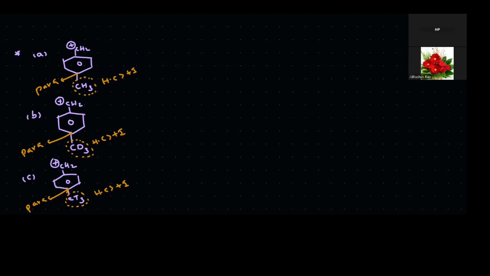Now, for this kind of compound, it depends on bond dissociation energy. So in the given CH3, CD3, CT3, which one requires more bond energy?